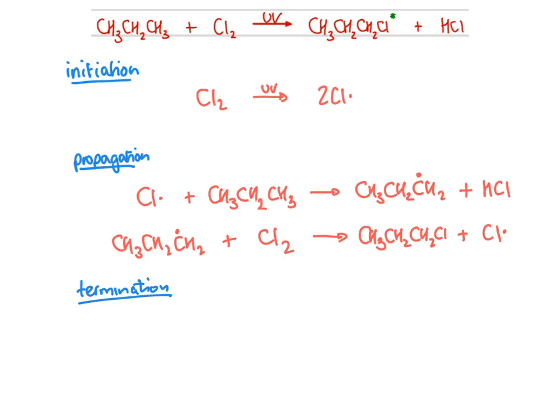Then our final stage is termination. So just going on our propagation steps that I've written and the free radicals that are present there, I could have 2 chlorine free radicals collide, come together to form a chlorine molecule. I could get our propyl free radical, and that could collide with a chlorine free radical to make our intended product, as it were.